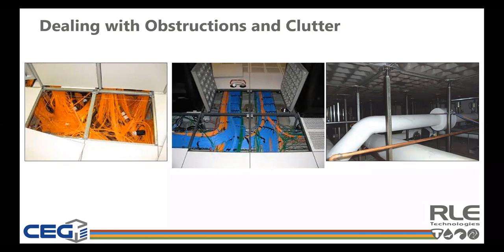We see a lot, unfortunately, of what's on the left and a little bit in the center. And most people we talk to say that that's what they inherited from the previous guy or gal. But nonetheless, it's a big problem, especially in a shallow raised floor, because if that is your means of delivering cold air to your racks, and you've got a raised floor that looks like the pictures, you've got some big problems.